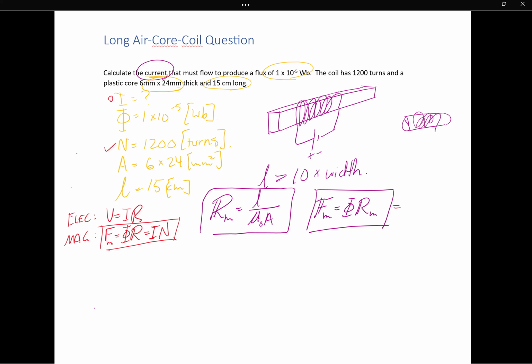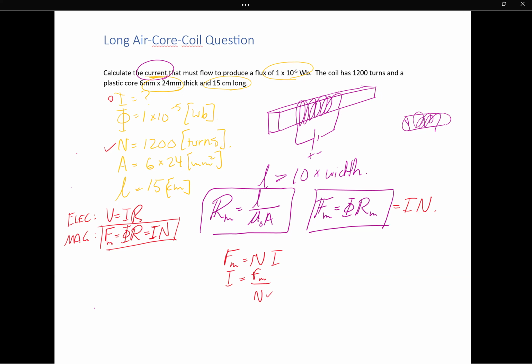So let's take our FM. This is the same FM, which can also be related to N times I. So now I have FM equals N times I. I want to solve for I, so I is Fm over N. At this point, I know N. Do I know Fm?